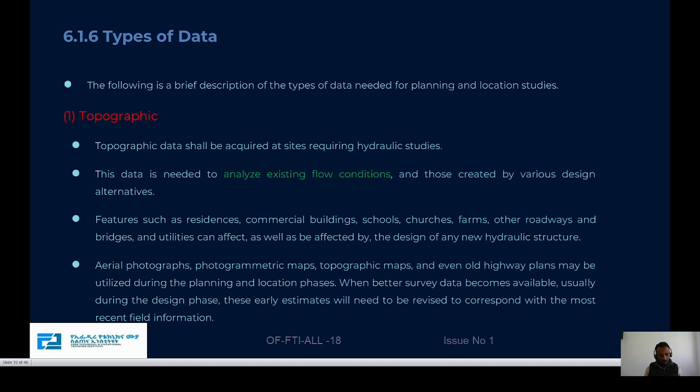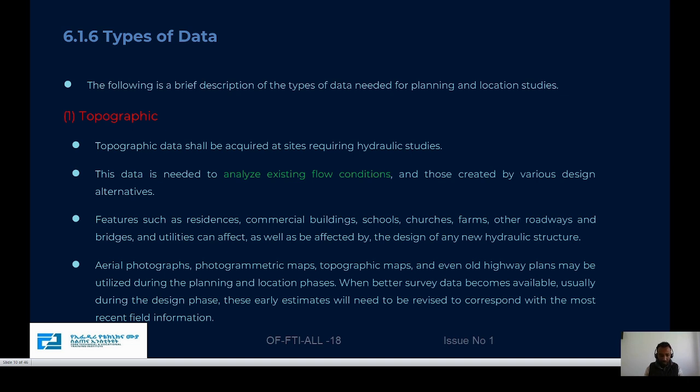Features such as residential and commercial areas, schools, and churches will also affect the design of any hydraulic structures. There is the spacing, and the adjoining lands also will give information from the topographic.